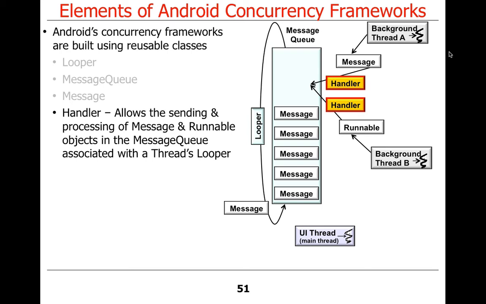So the handler allows threads, often background threads, to send messages and/or runnables to another thread, although it can send it to itself if it wants to, but it usually sends it to another thread where it's put into that thread's message queue, and then the looper in that other thread will pull these things out and then use the handlers to go ahead and dispatch the processing of the messages.